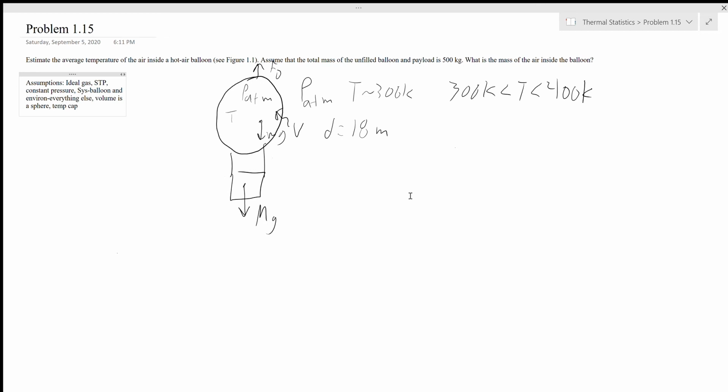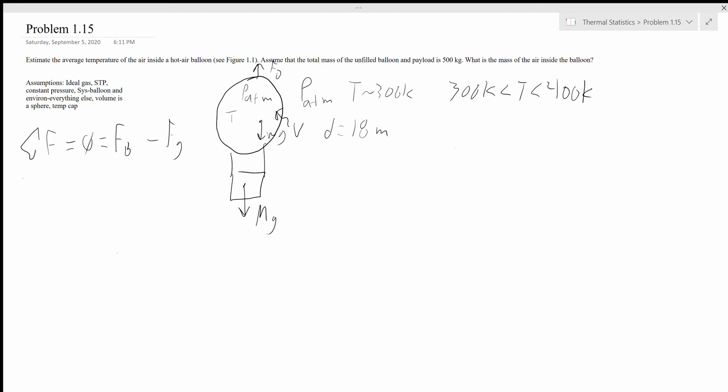And so now with this, I can start to figure out what the mass of the air is inside the balloon, because the sum of the forces has to be 0. And so that means the force of the buoyancy must balance this force of gravity. Now, little mg can be included with the force of the buoyancy because that's what's actually keeping the balloon up.